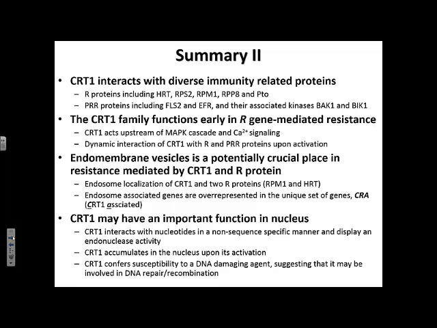It seems to be accumulating in the nucleus upon its activation. And it looks like CRT1 confers susceptibility to DNA damaging agents. Remember, I was using the knockout, so therefore I conclude that CRT1 in the wild type form is conferring susceptibility to DNA damaging agents.